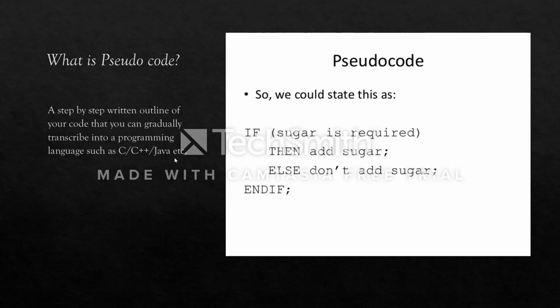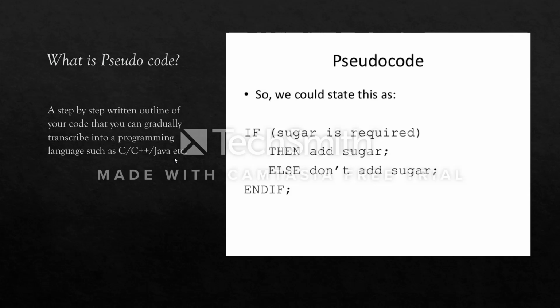Before you actually go and implement a solution to a problem using any high-level programming language like C, Java, C++, it is always good to write a pseudocode, which could be written in a plain English kind of language, which gives you an understanding of how you can implement the algorithm in a high-level programming language. Let's say in this example, we have to make a decision based on a condition.